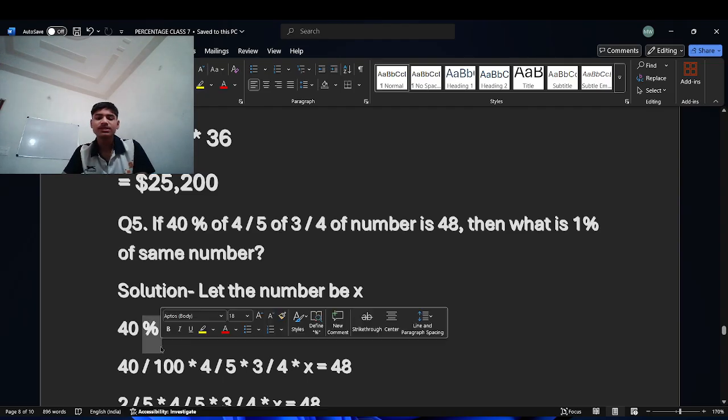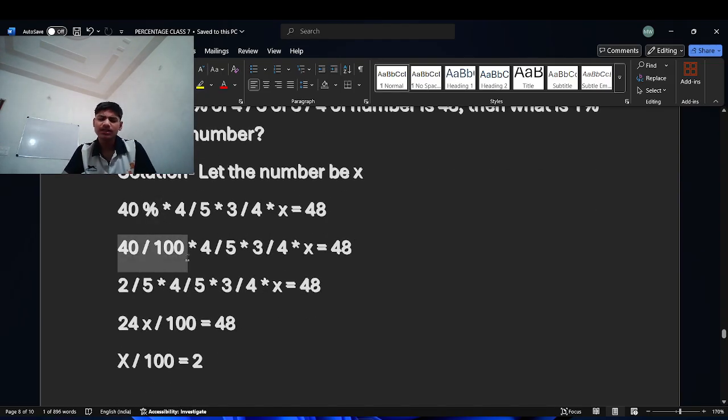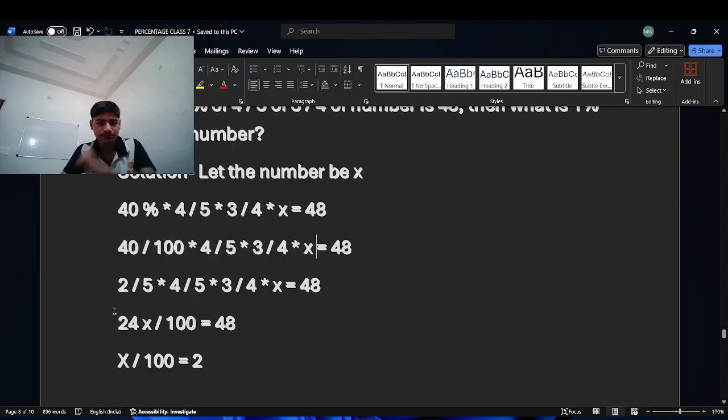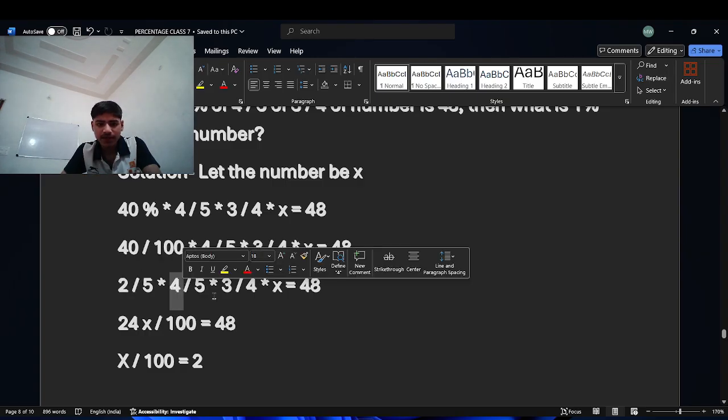So remove the percent sign, divide by 100. 40 divided by 100, multiplied by 4 by 5, multiplied by 3 by 4, multiplied by x will be 48. 20 times 2 is 40 and 20 times 5 is 100. So 2 by 5 into 4 by 5 into 3 by 4 into x equals 48. 2 times 4 is 8 and 8 times 3 is 24.